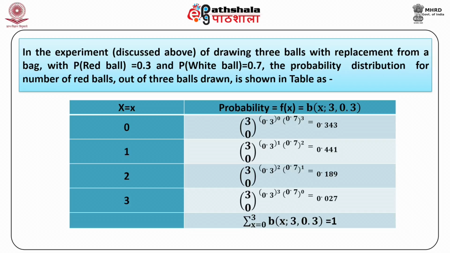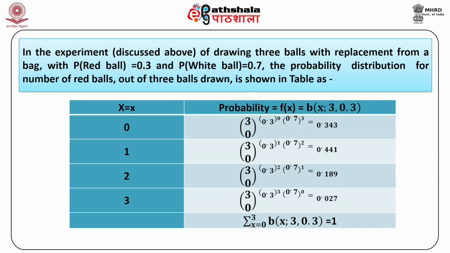This is the probability of 0 red balls drawn. Similarly, for 1, it comes out to be 0.441. For x equal to 2, we get the probability 0.189, and for 3, we get the probability 0.027.